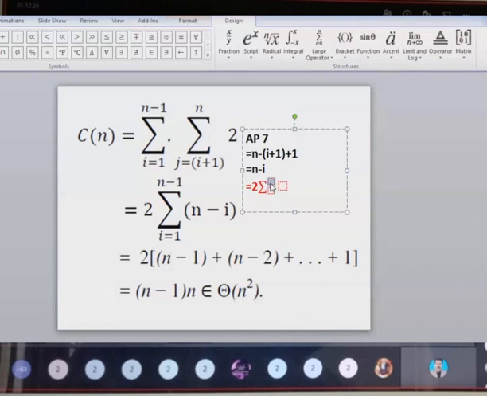Now summation, upper limit is the first summation n minus 1 and the lower limit is I equal to 1, right?